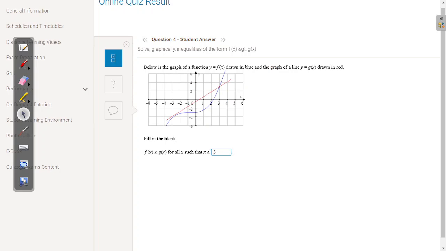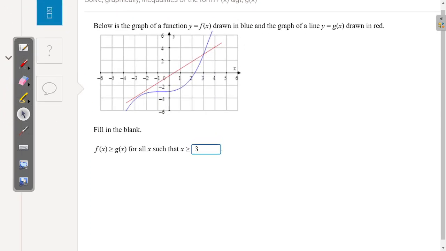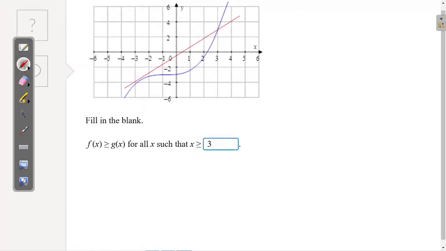Okay, below is the graph of the function y equals f of x in blue and y equals g of x in red. F of x greater than g of x for all x such that x greater than what? So f of x is the blue, so the y of the blue is greater than the y of the red.